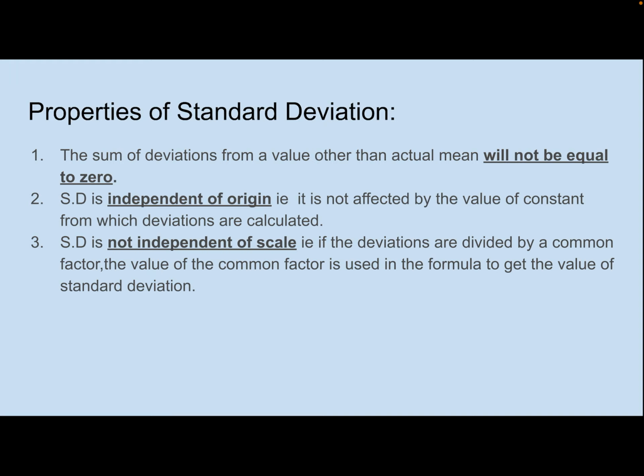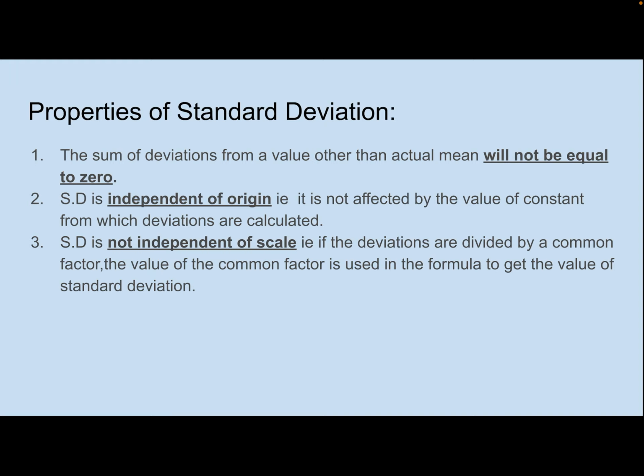That means if you take deviations from any number which is not the actual mean, then the sum of those deviations will never be 0. So that means if you take deviations from actual mean and you sum up all the deviations, the number is always going to be 0.